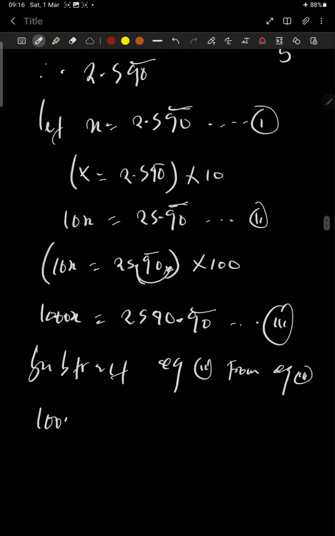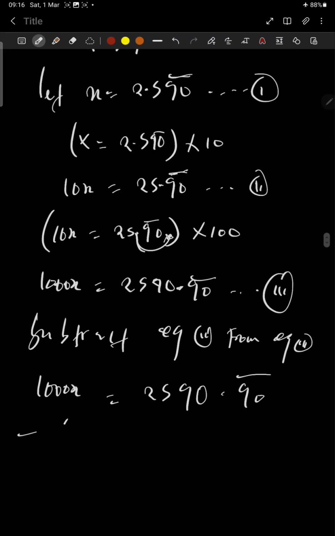So I'm going to have 1000x equal to 2590.90 bar, minus 10x equal to 25.90 bar. Then this is 5052, like that.